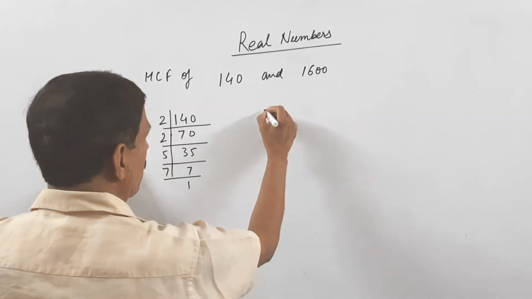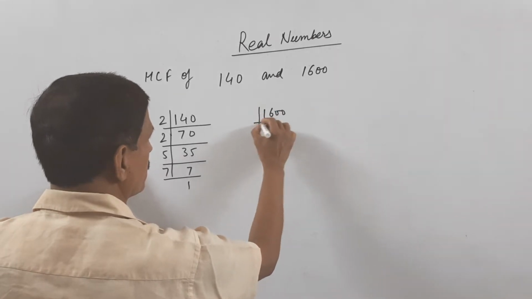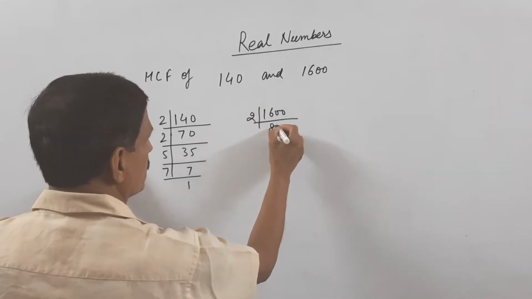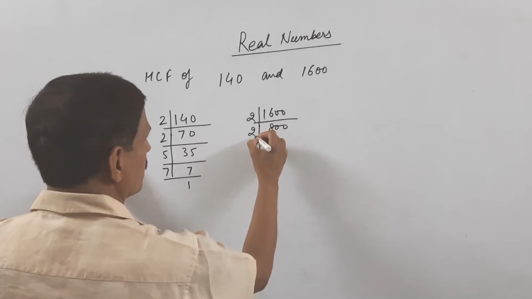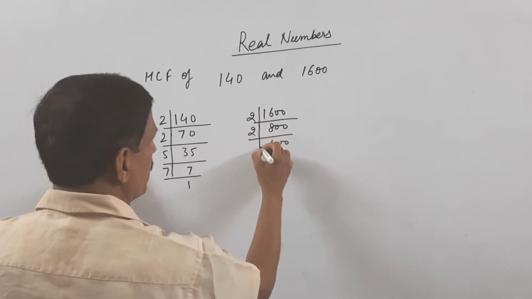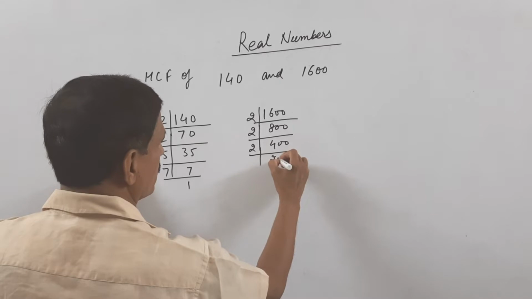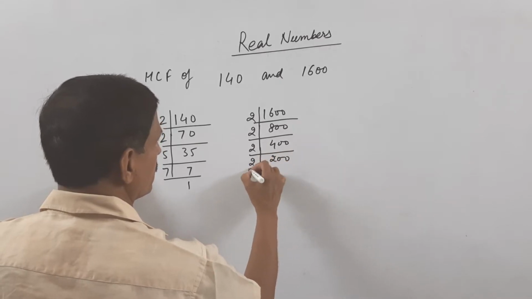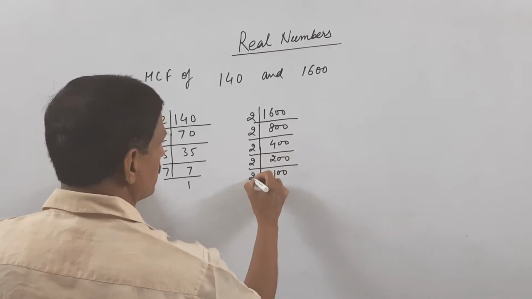Similarly, we can find the prime factors of 1600. This is 800, 400, 200, 100.